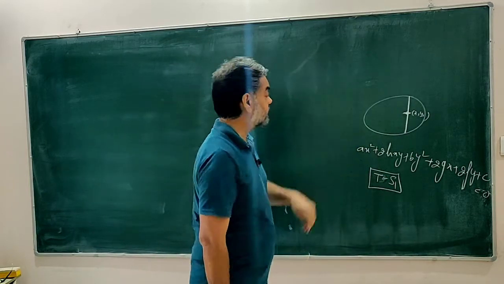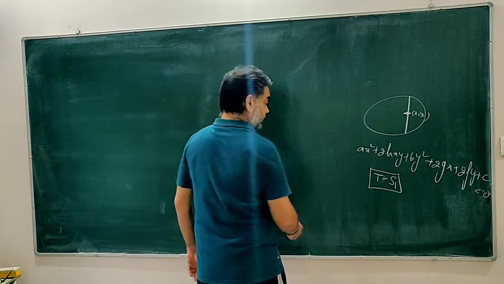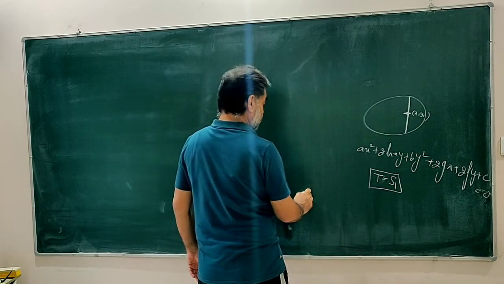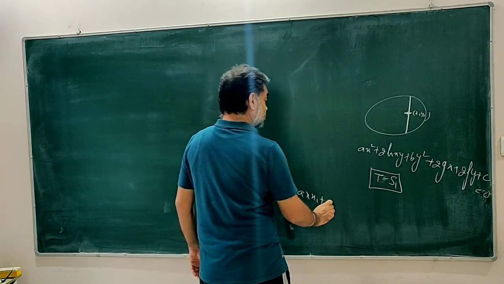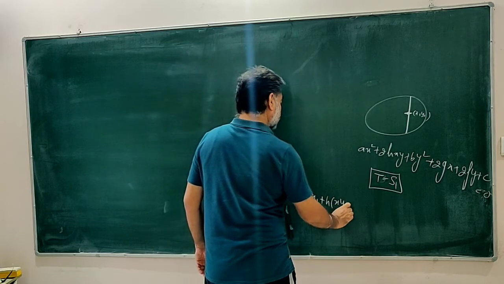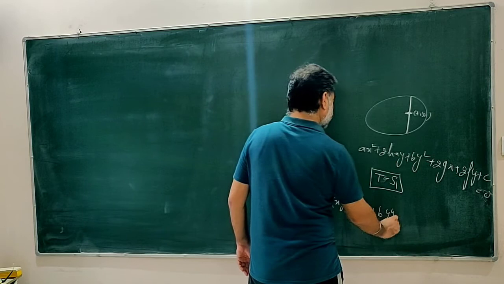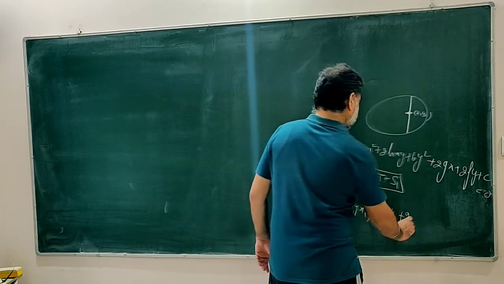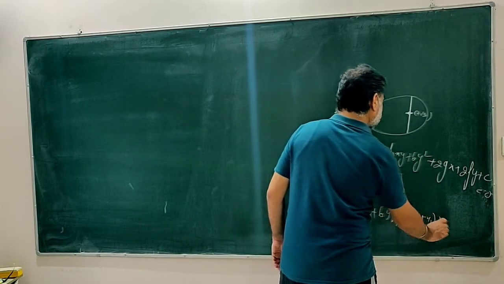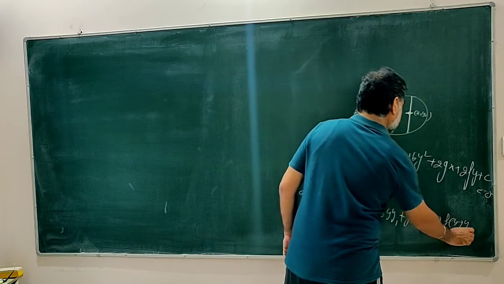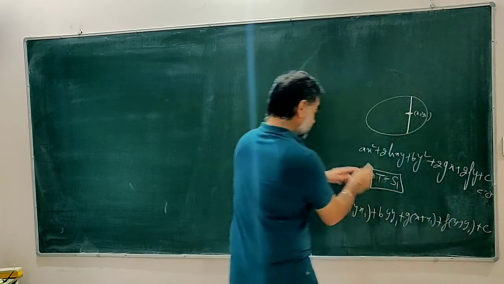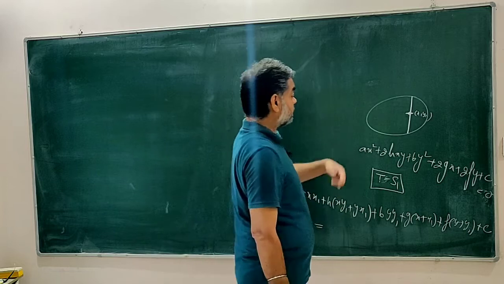What is T? T is the equation of the tangent, so it is axx1 plus h(xy1 plus yx1) plus byy1 plus g(x plus x1) plus f(y plus y1) plus c. This is T, and what is S1?